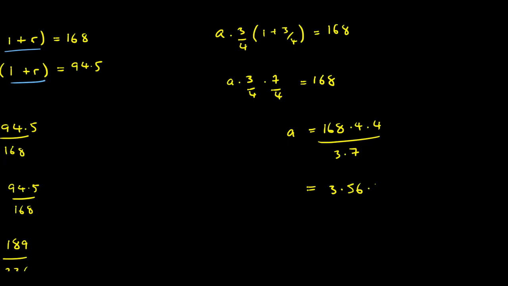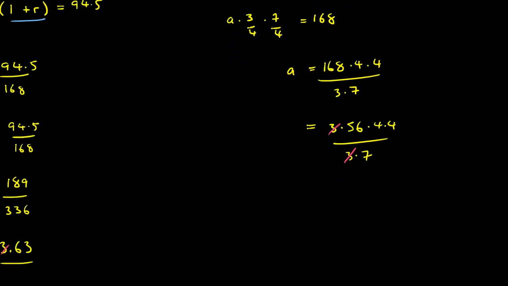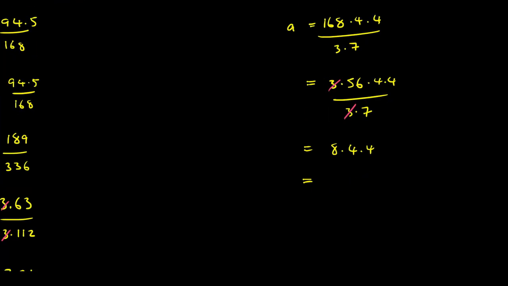Yeah, times 4 over 3 times 7. So that's gone, gone. 56 divides by 7, because it's 7 times 8. So we end up with 8 times 4 times 4. So 8 times 4 is 32, and then 32 times 4, 64, 128.